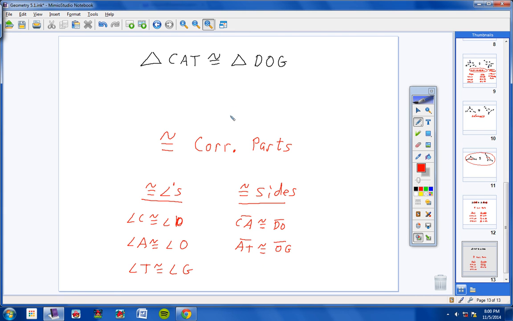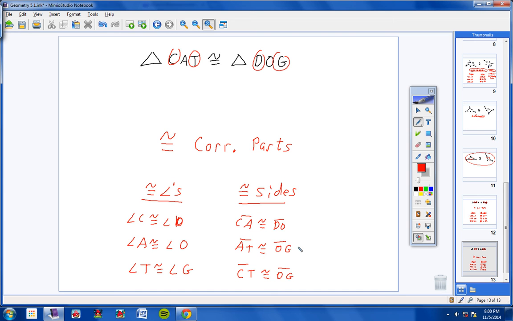Okay, and then lastly, first letter, last letter, CT, first letter, last letter, DG. CT or TC is congruent to DG or GD, either way. Guys, there we go.